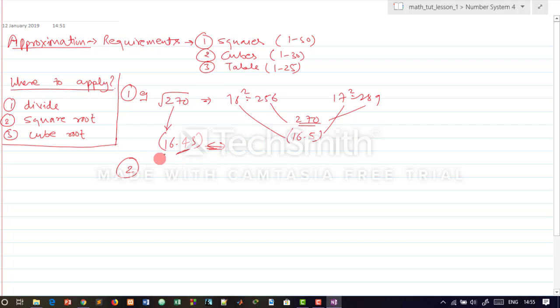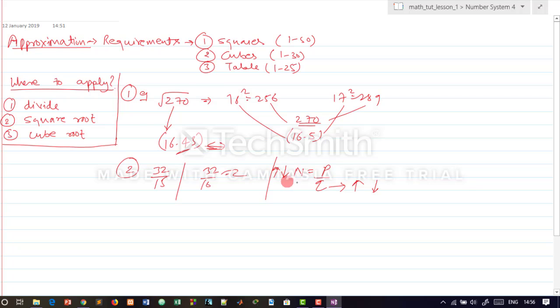Another example is for division. Let us take 32 by 15. You know that 32 by 16 is equal to 2. In general, for a number n equal to p by q, if we increase q, then n will decrease, and if we decrease q, then n will increase.